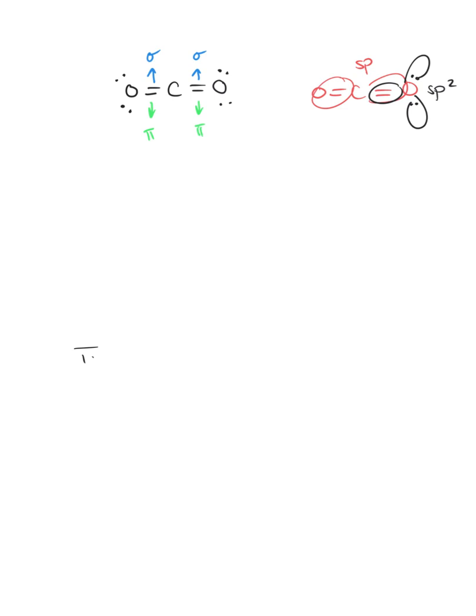So I've got the neutral orbital diagram for a carbon atom. I know that a carbon atom has 6 electrons, so I'm going to draw these in here. 1, 2, 3, 4, 5, 6, distributing them evenly in that neutral 2p orbital. So that's for a neutral carbon.